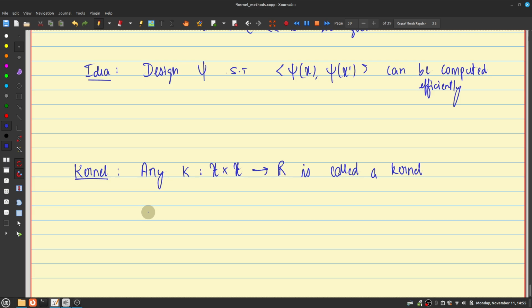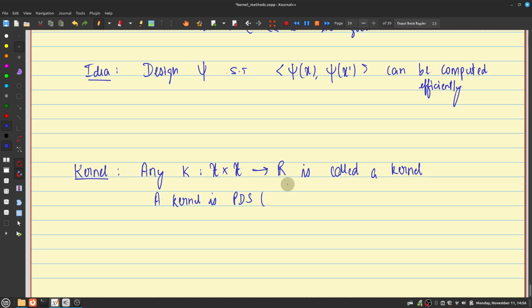But really what we are interested in are so-called positive definite symmetric kernels. So a kernel is PDS.